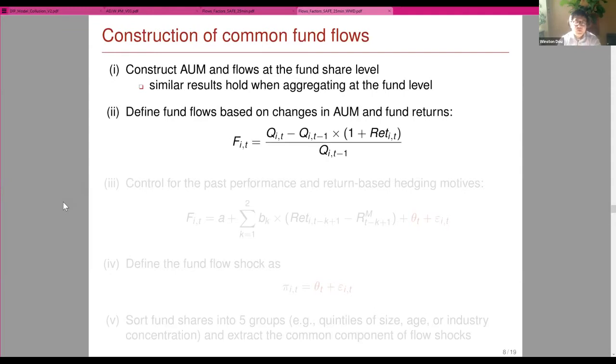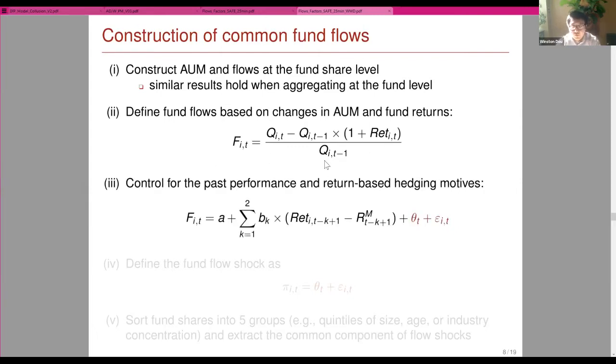We define the fund flows based on the changes in AUM and the fund returns, following this accounting identity formula. But we take a further step, because remember, the key thing in our paper is to focus on the flow hedging behavior of fund managers. So to construct this pure fund flow shock, we further control for the past relative performance of the funds and the contemporaneous return-based hedging motives.